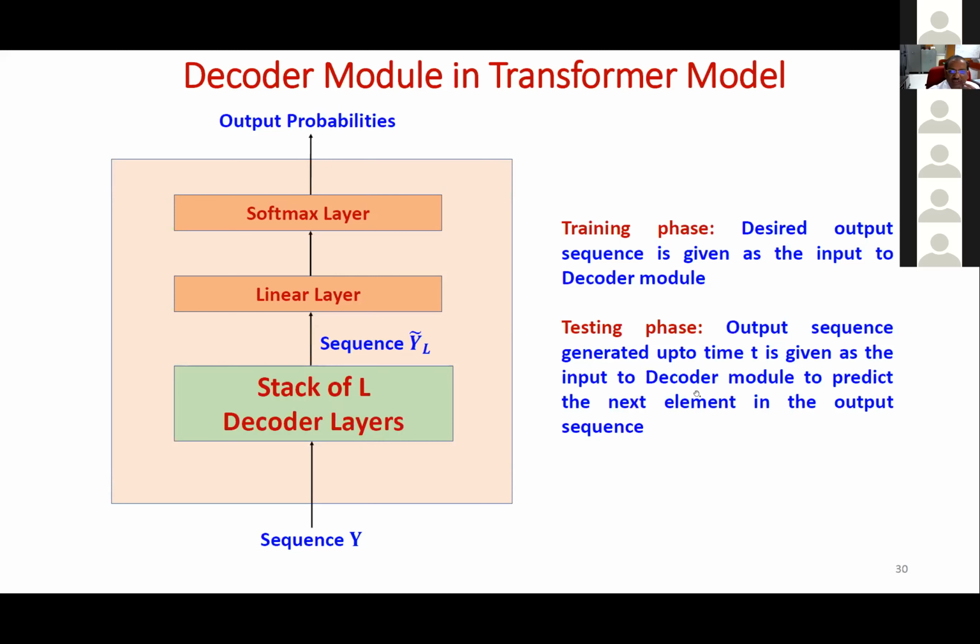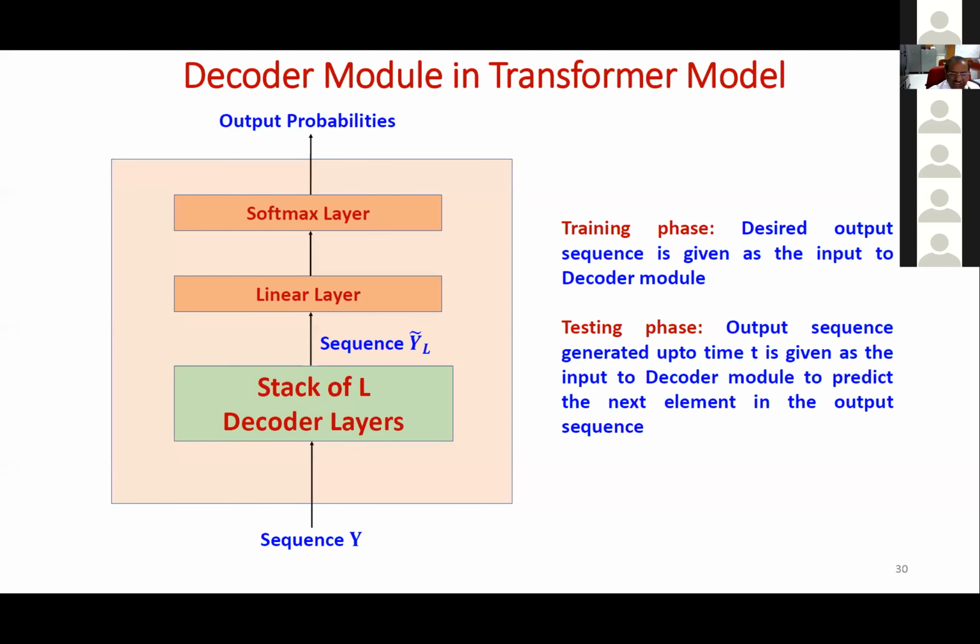So what we get as input to this decoder module during testing phase is the sequence of words that are generated up to a particular time t, and again the relationship among the words is captured in the decoder multi-head attention module, right? And then that's used along with the representation of the source language sentence in order to predict what is the next word that can come in the sentence that's going to be generated by the decoder module.